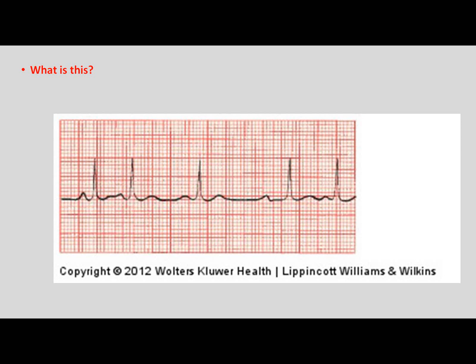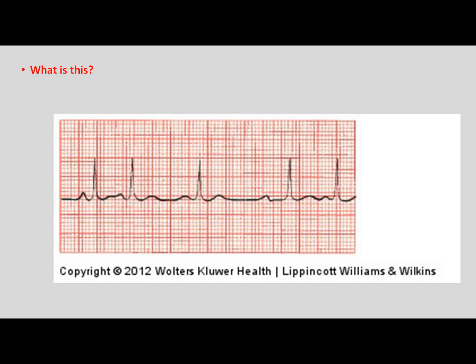And what's this? First of all, are there P waves? QRS is narrow and wide? Narrow. Regular or irregular? Irregular. So if it is irregular and narrow, it must be atrial fibrillation. Can you see P waves clearly? No. But can you see P waves clearly here?